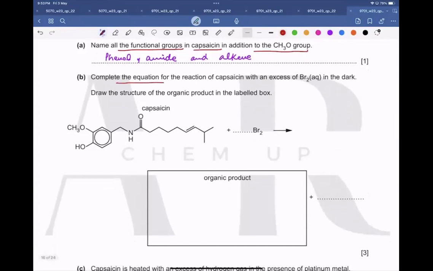Now, complete the equation for the reactions of capsaicin with an excess of bromine in the dark. Okay, just give me a minute. Please, 1 minute.